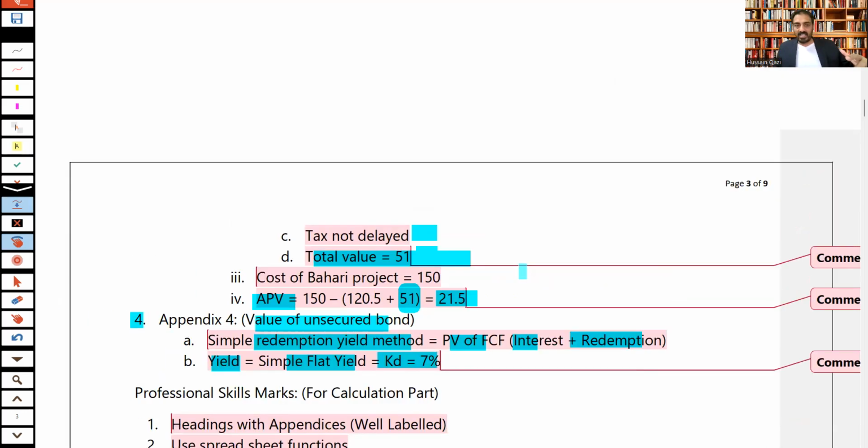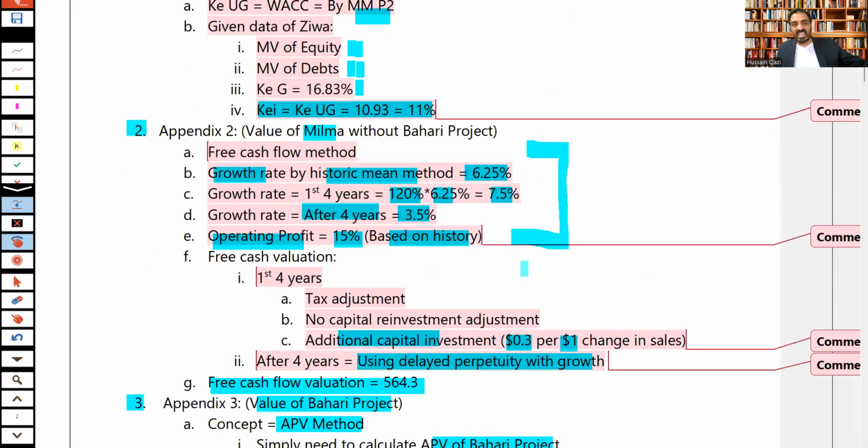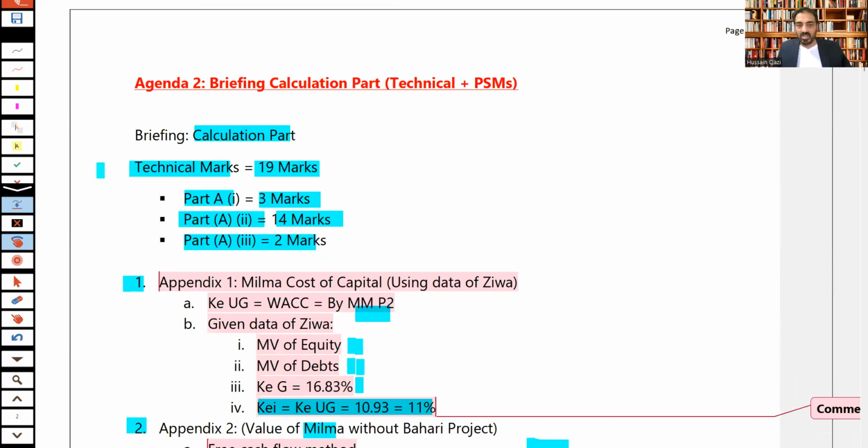Okay, this is the briefing about the technical part, technical marks of calculation aspects. This technical marks having 19 marks. This is actually the calculation part of the question, and I briefed the technical aspects of the question.